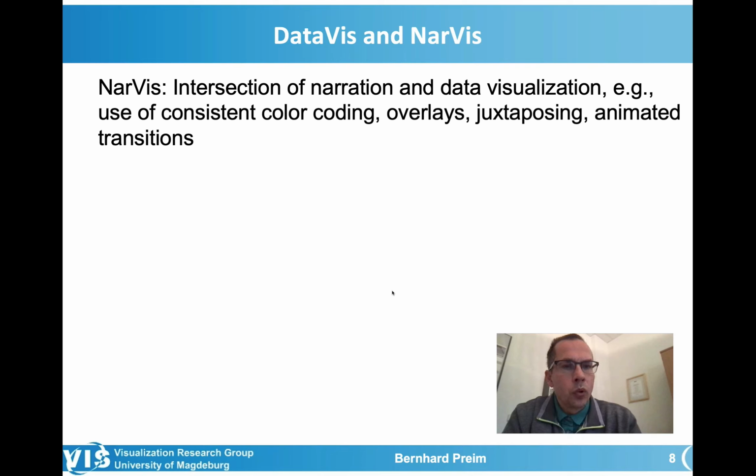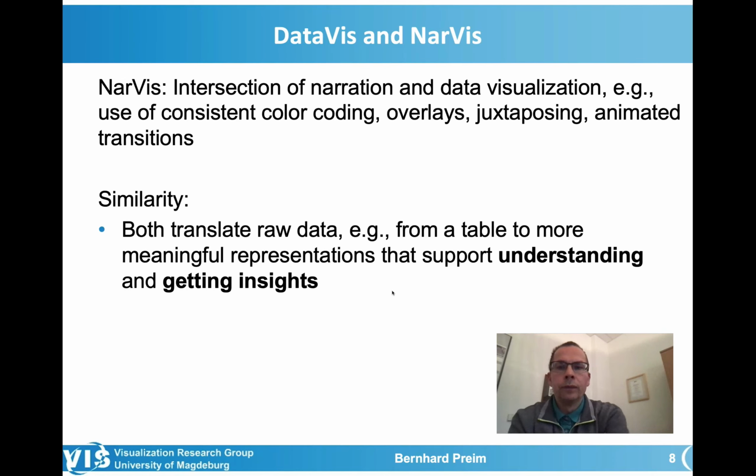We may use overlays to show how different layers of data interact with each other. We can use juxtaposition or animated transitions so that changes between different visualizations can be observed continuously. That would fit very well to this idea of showing a narration, a sequence of temporal events.